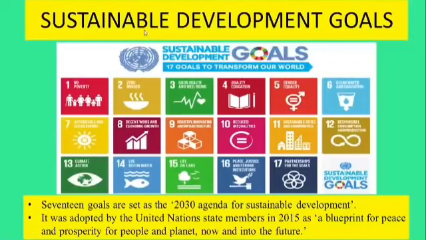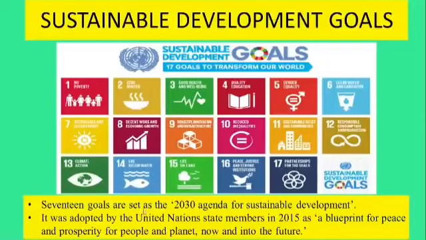To follow this model of sustainable development, at present we have 17 goals like no poverty, zero hunger, good health and well-being, quality education, gender equality, clean water and sanitation, affordable and clean energy, decent work and economic growth, industry, innovation, infrastructure, reduced inequality, sustainable cities and communities, responsible consumption, climate action, life below water, life on land, peace, justice and a strong institution, partnership for the goals.